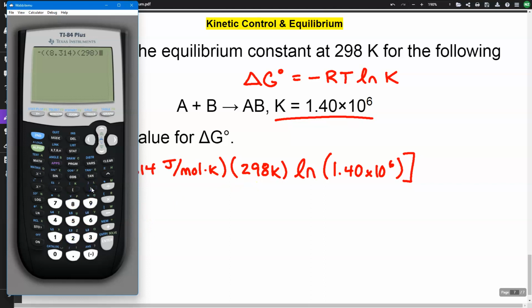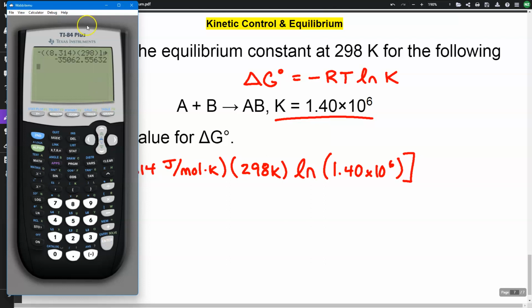The natural log button is right here on my calculator, just to the left of the 4 key. So I press natural log. It automatically puts in parentheses for me. So I'm going to do 1.40, and then I'm going to press E to get the exponent, 6, close parentheses, and then one more time. Let me just double check to make sure I got that negative out in front. I did, and enter.